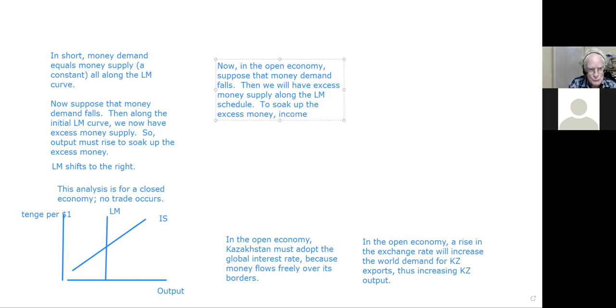Because people demand more money to hold when they are rich rather than when they are poor. The LM schedule will shift to the right, like that.